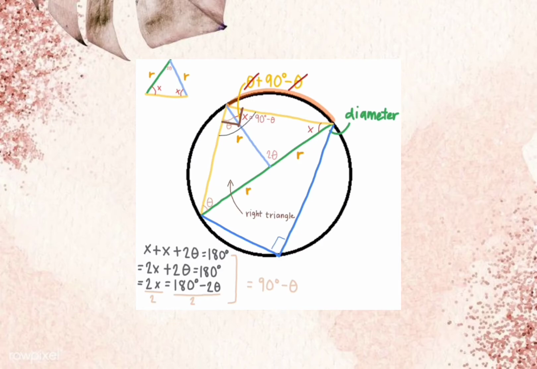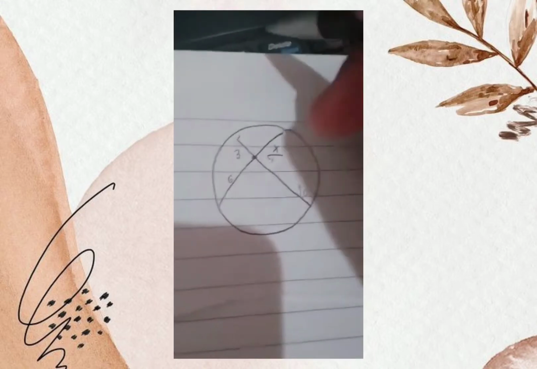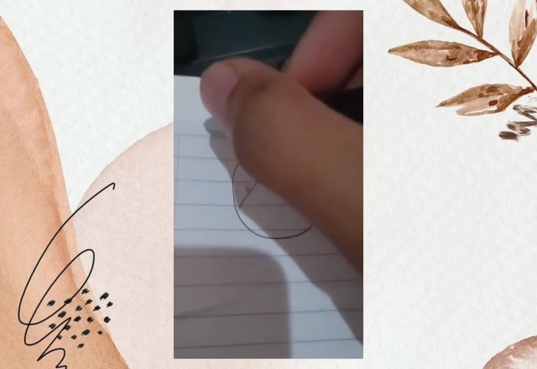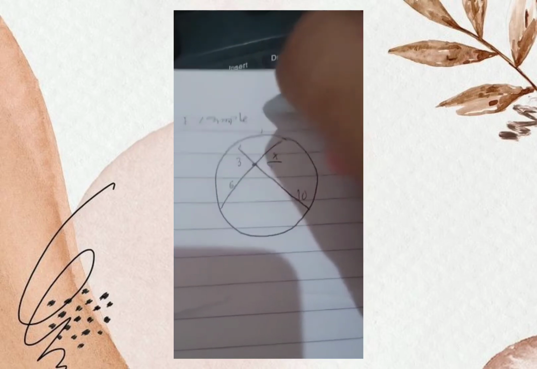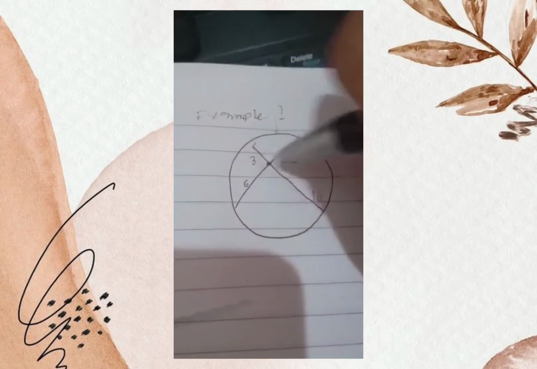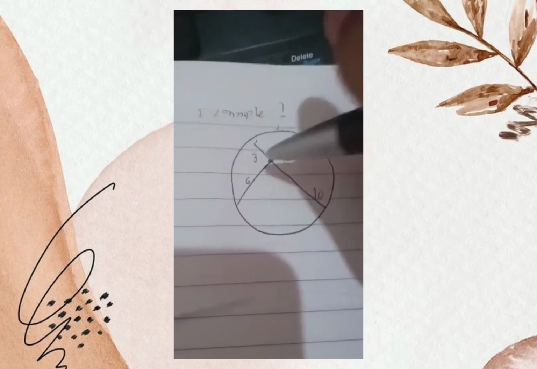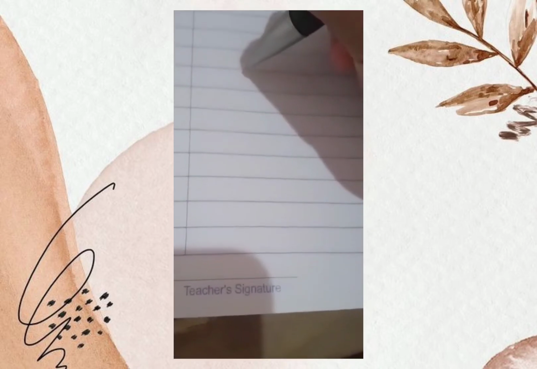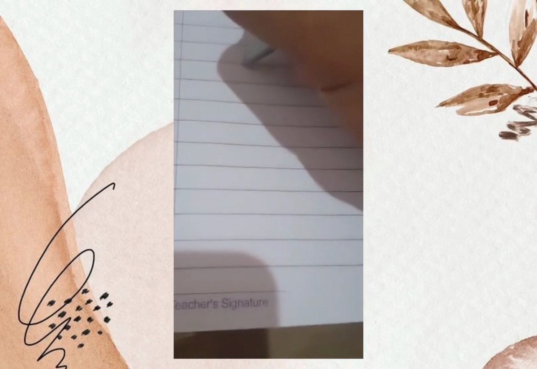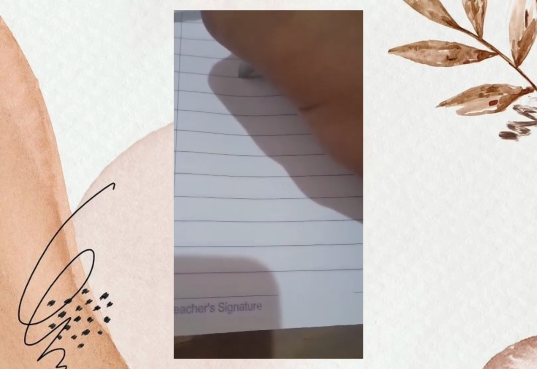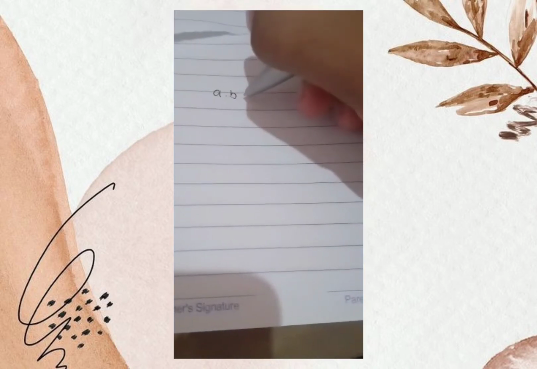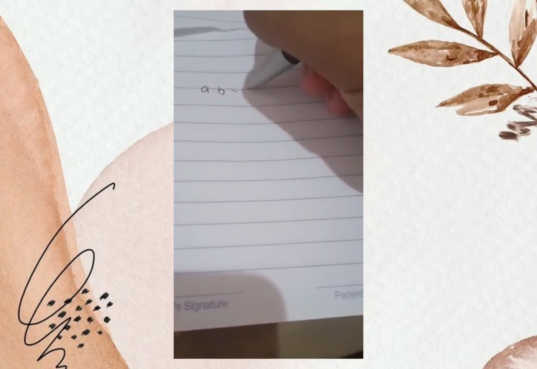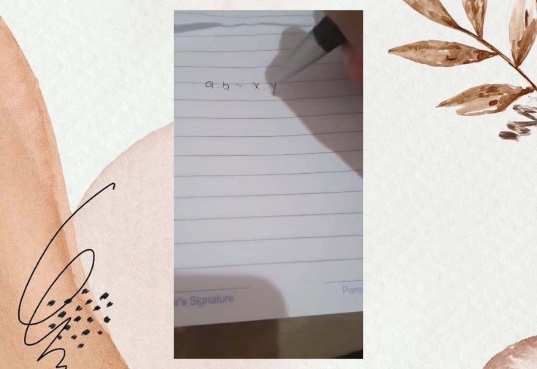Now let's move on to the next topic. So here is our example, example 1. As you can see, we will need to find x, and to find x, we will apply the theorem. The theorem is a times b equals x times y.